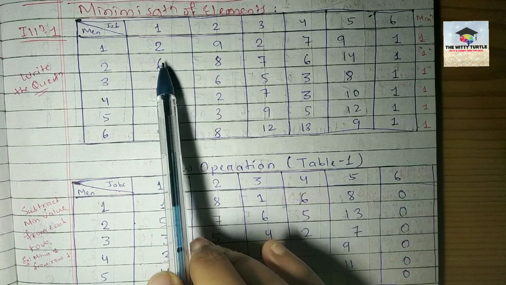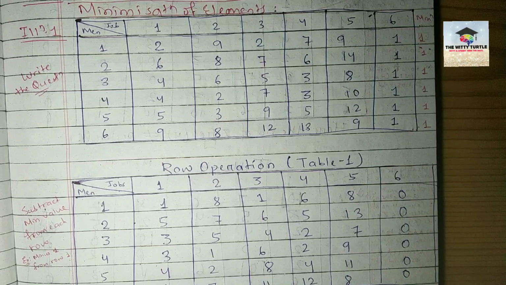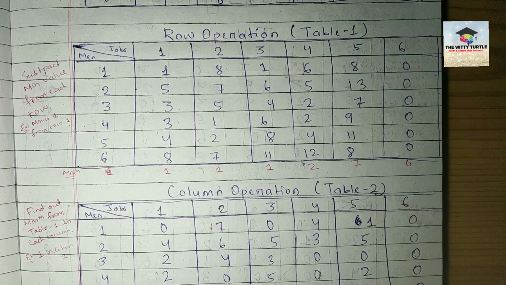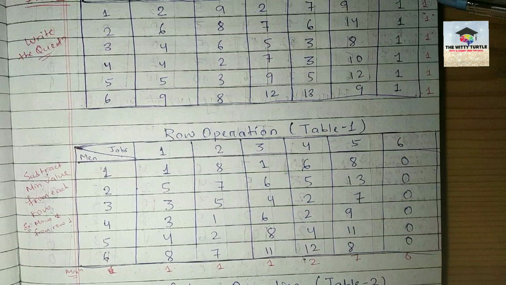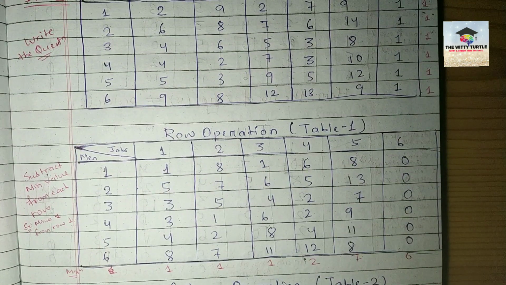In the second row, 6, 8, 7, 6, 14, 1. What is the minimum number? 1. Similarly, for all the rows, it will be 1 only. Okay. Now make the row operation. What do you need to do in the row operation? You have to subtract the minimum number from each number in that particular row, right?